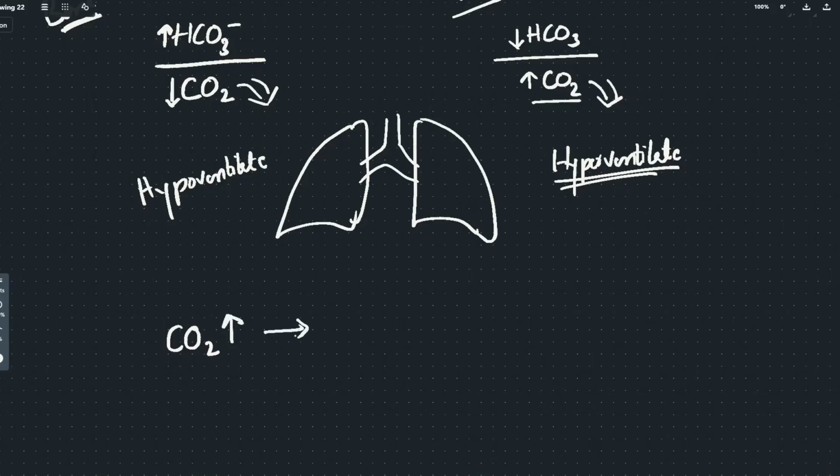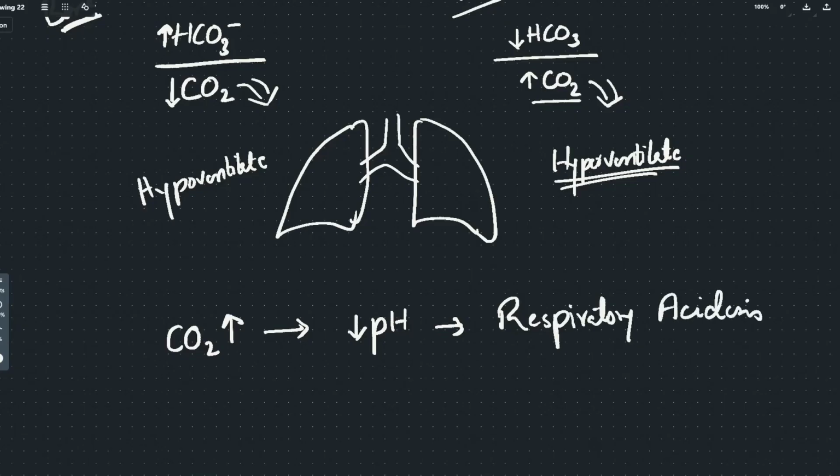If CO2 level is high, pH will decrease and there will be acidosis, and this acidosis is due to the respiratory system. So this is respiratory acidosis. Now if there is respiratory acidosis, then the compensation won't be through the respiratory system.